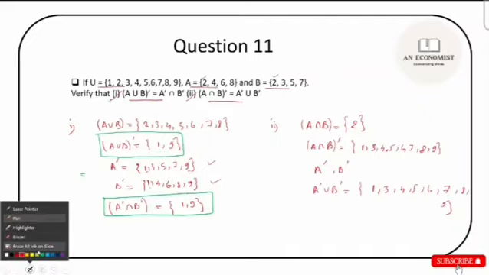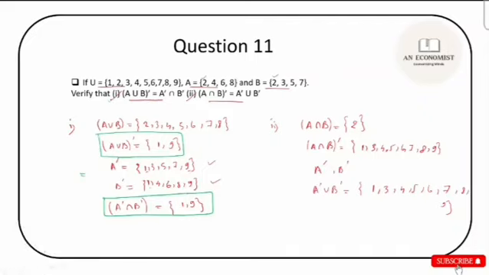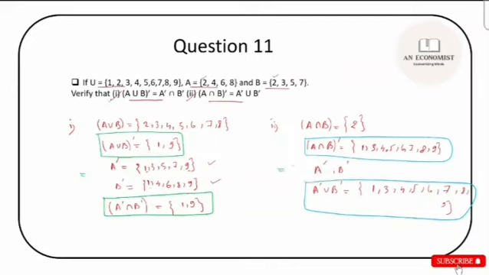So again, what you see here, you have A intersection B complement, and here you have A complement union B complement, and they both are exactly equal, so the second statement is also verified.